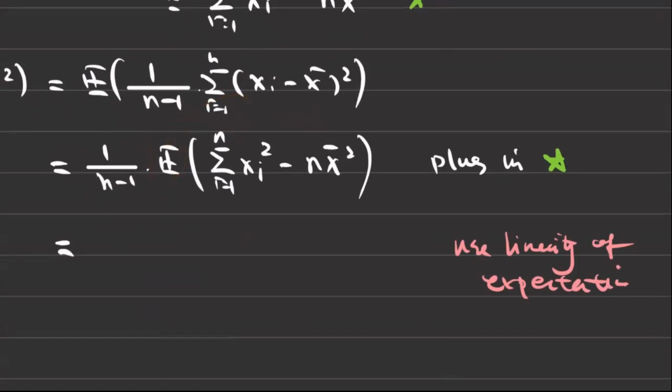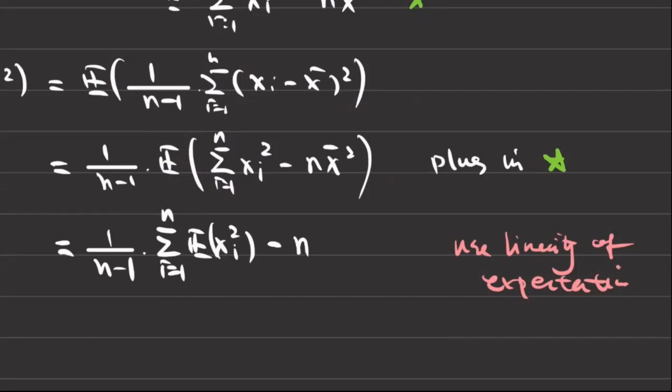So how that works is 1 over n minus 1, summation i from 1 to n expectation of x_i squared, subtract n times expectation of x bar squared. And then let's not forget the bracket, just like that.